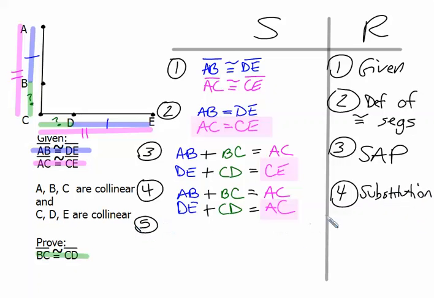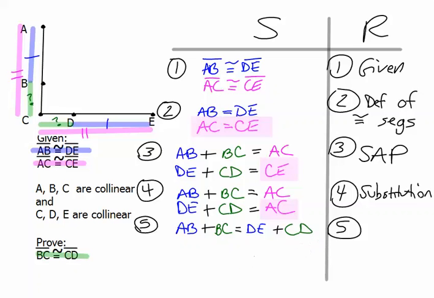Now step number 5. We said this in class. Listen again right here. If AB plus BC is equal to AC, and AC is equal to DE plus CD, then AB plus BC has to be equal to DE plus CD.